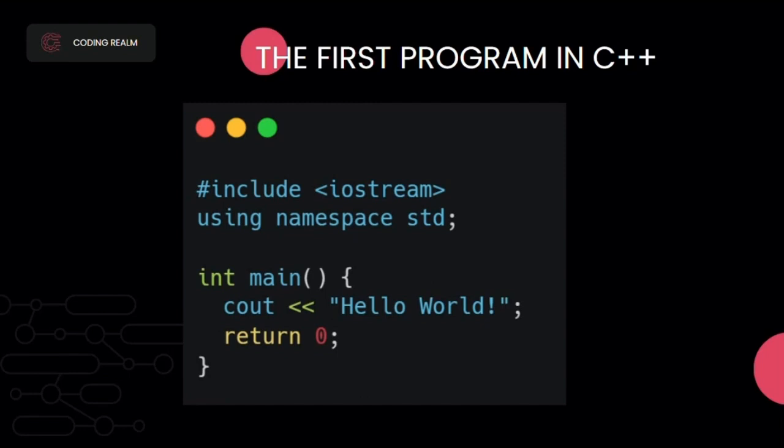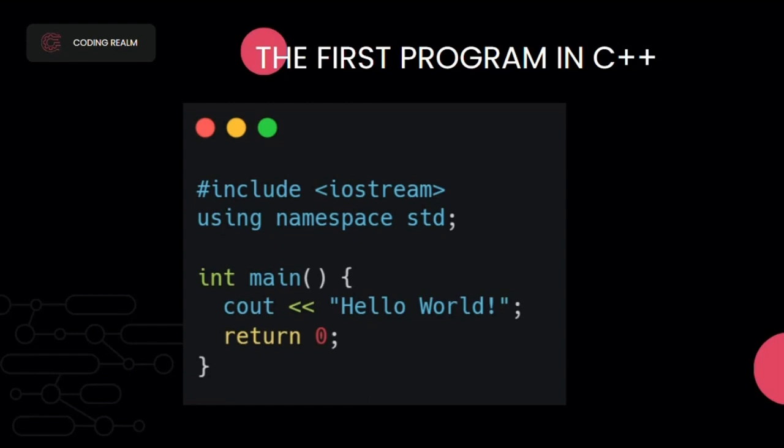The line 3 is a blank line. In the line 4, int main is a function, and any code inside this function, or inside the braces, will be executed. For example, here the program displays hello world.